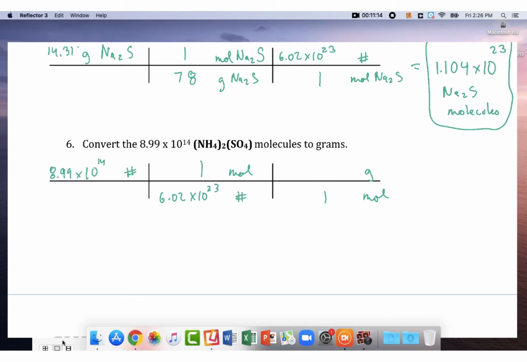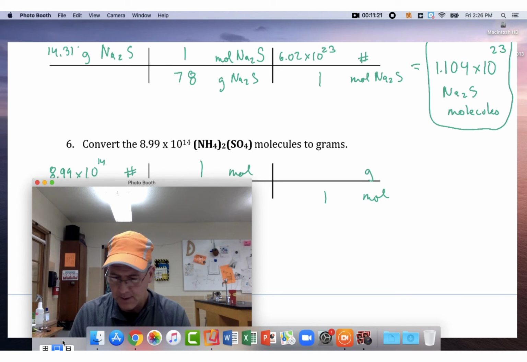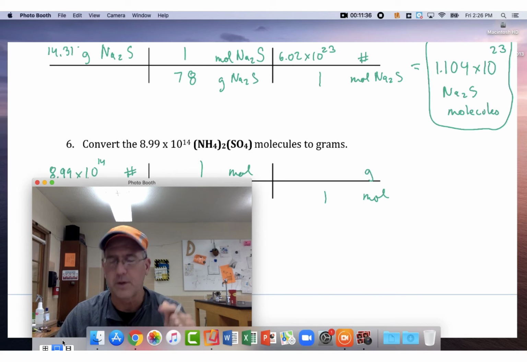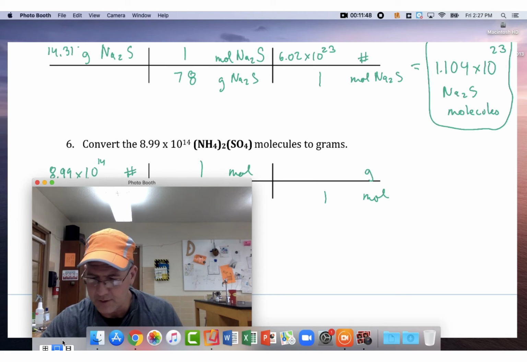So 1 mole contains 14 for nitrogen times 2 plus hydrogen, there's 4 of them, times 2, so there's 8 plus 8 plus sulfur is 32 plus oxygen is 16, and there's 4 of them, so I'm putting plus 16 times 4, and I get 132.